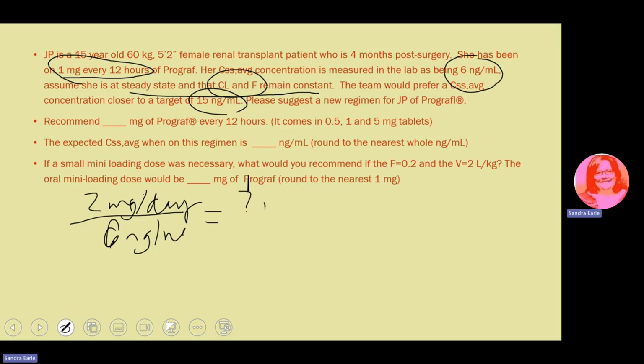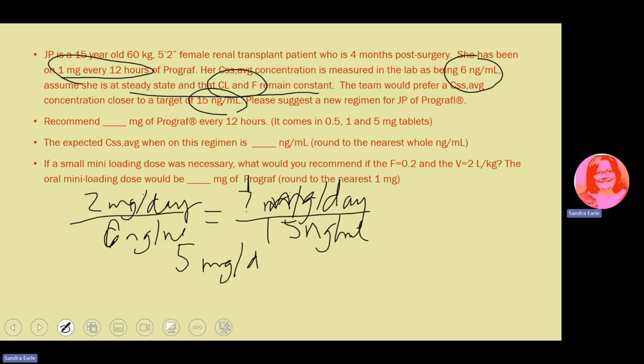So how many milligrams per day do we need to get 15 nanograms per ml? It's going to be a little over twice, right? So 30 divided by 6. I don't need my calculator. We're going to want to give 5 milligrams per day, right? This is going to work out to be 5.